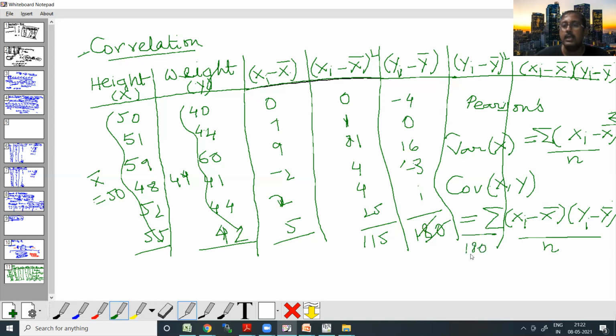And in the same way when I do xi minus x bar times yi minus y bar, say this is coming to something like 90. Now the correlation will be the covariance of xy, that is 90, divided by root over 115.